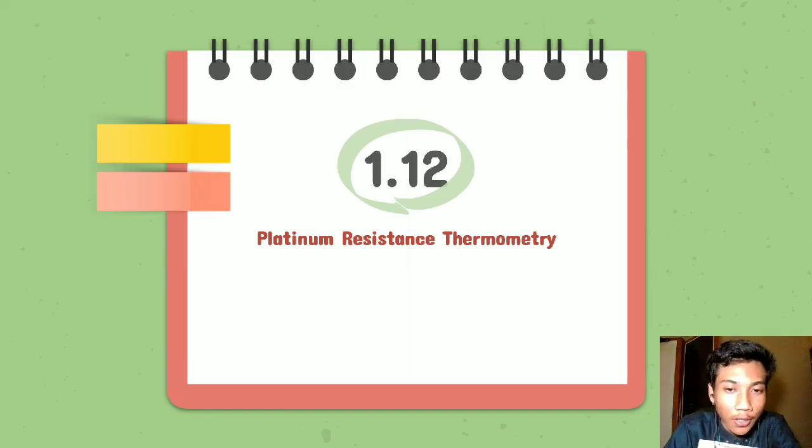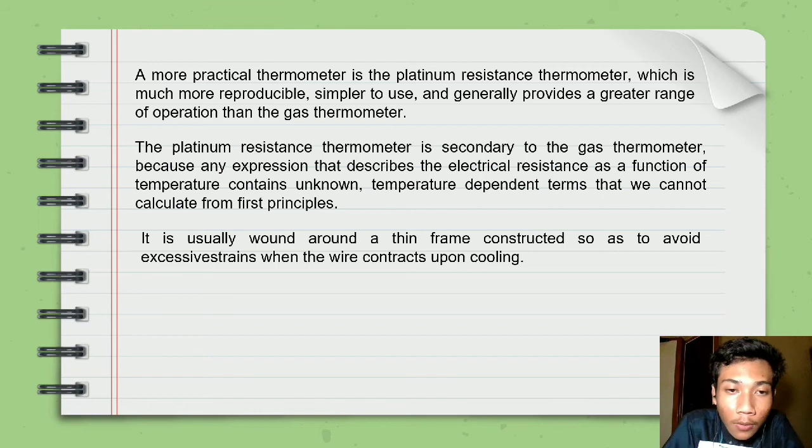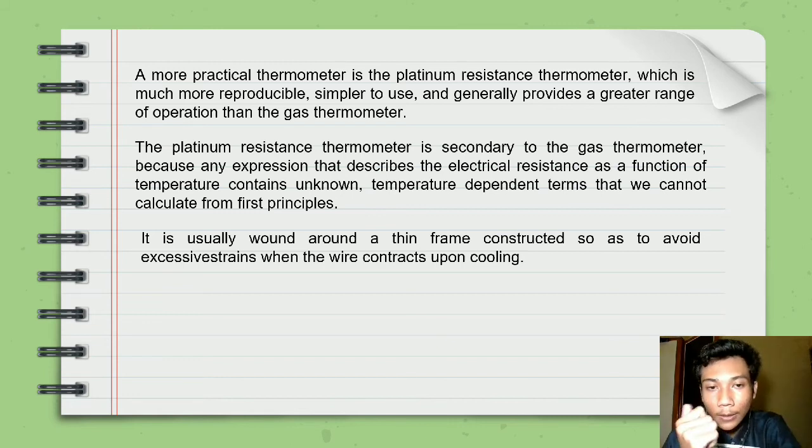The next section is 1.12, platinum resistance thermometry. A more practical thermometer is the platinum resistance thermometer, which is much more reproducible, simpler to use, and generally provides a greater range of operation than the gas thermometer.